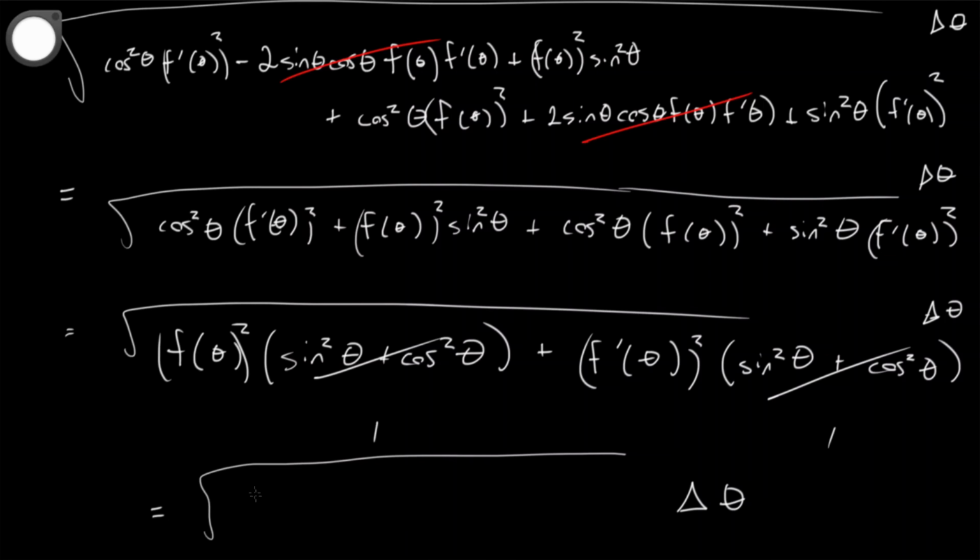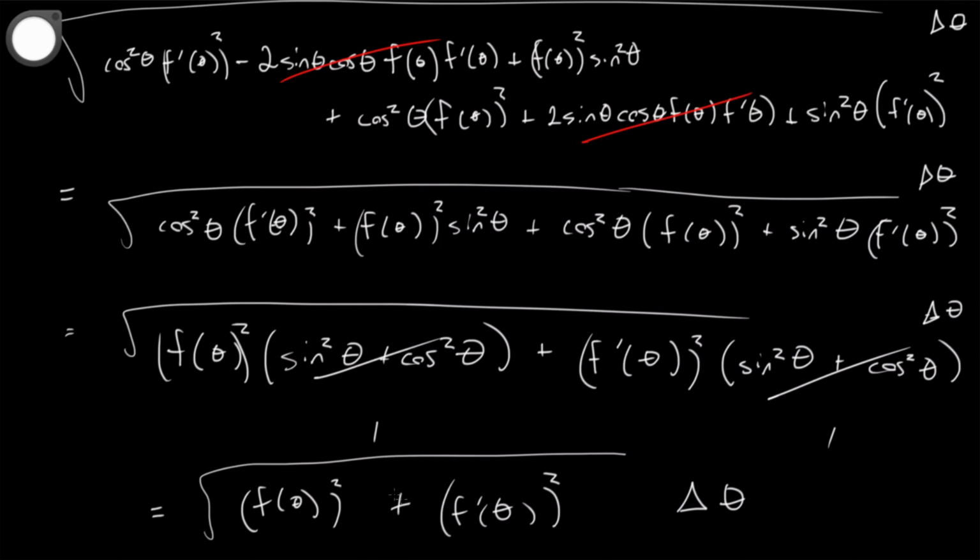We have f of theta squared, which is really just r, and then we have f prime of theta quantity squared, which is r prime. Very simple at the end of the day. Some nastiness, but this nastiness was necessary because the derivative for polar is a little bit different than the other ones.